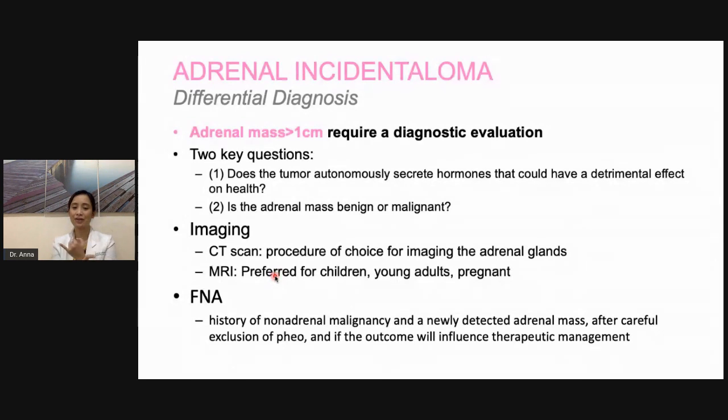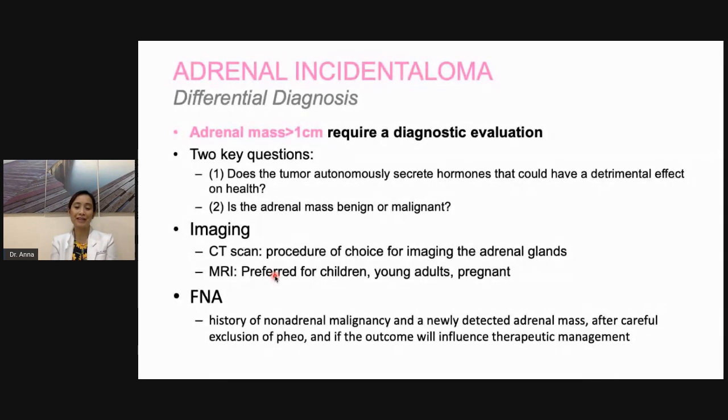So first, is it functioning? Second, is it malignant? So that's the shortcut to these 2 questions. Next, the imaging of choice is CT scan. No? If the pituitary, it's MRI. In the adrenal, it's your CT scan. In children, young adults, and pregnant patients, MRI is the preferred imaging of choice.